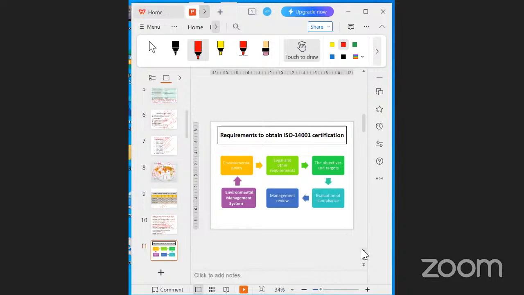So now, anybody tell me what is the cost for ISO 14001? Any idea? Right, I will tell you, don't worry. So the cost for getting ISO certification is not fixed, right? It depends upon the size of the organization, cost may vary. So the total cost includes consultancy fee, annual audit, and also certificate fee, right?